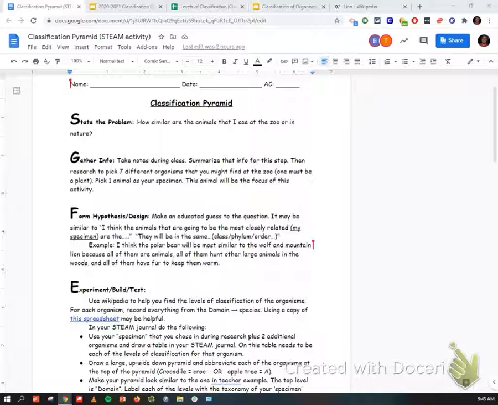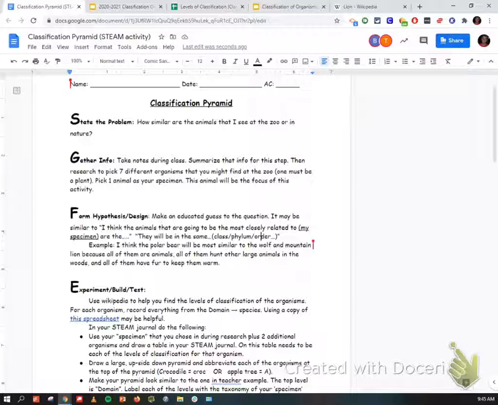Your phrase may be similar to something like this. I think the animals that are going to be the most closely related to my specimen are the whatever, or they will be in the same class or phylum or order.